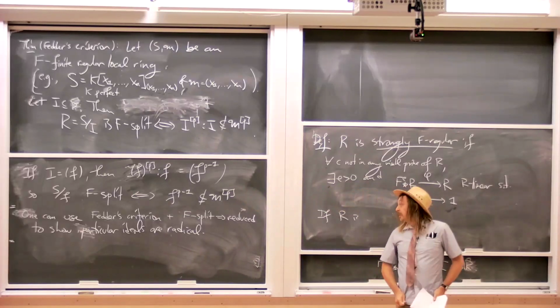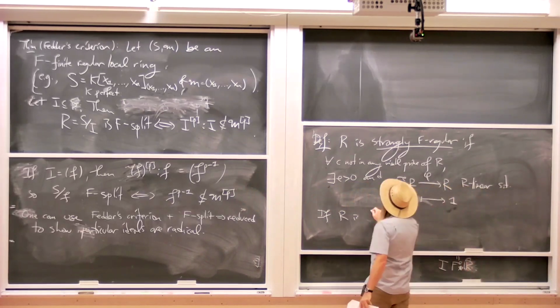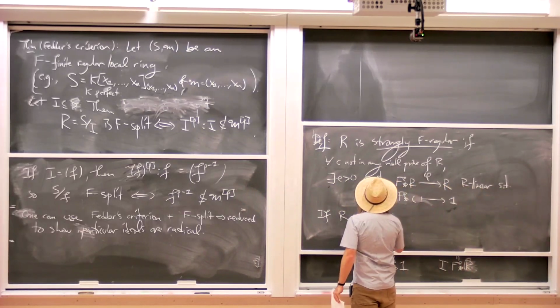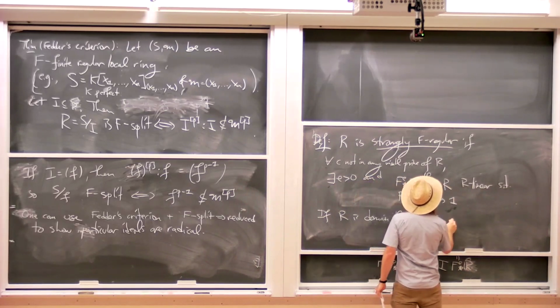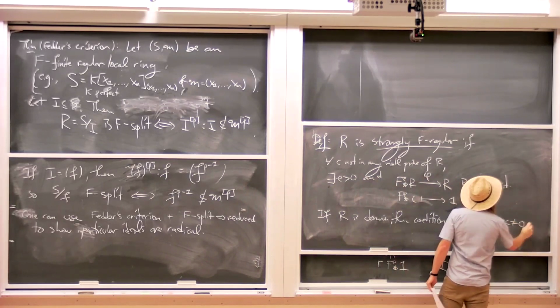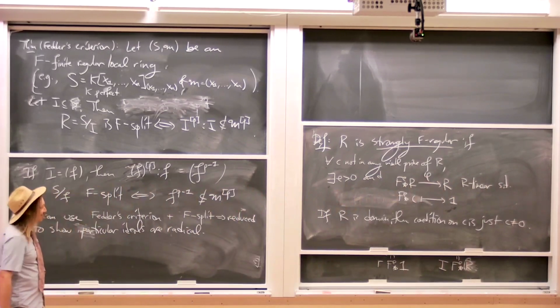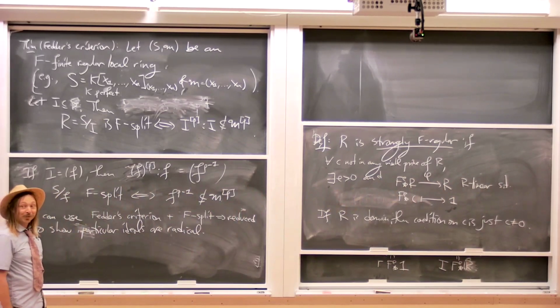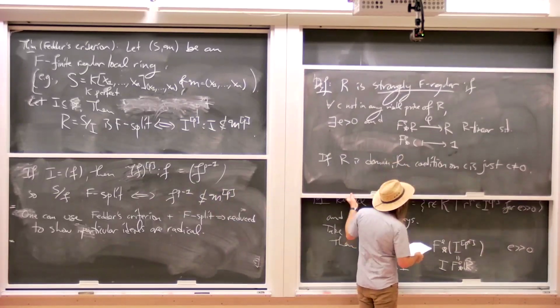Good. But now I'm going to undo all of this discussion and say if R is a domain, then this is just C is not equal to 0. And maybe we'll undo this discussion even more in the problem set. All right.